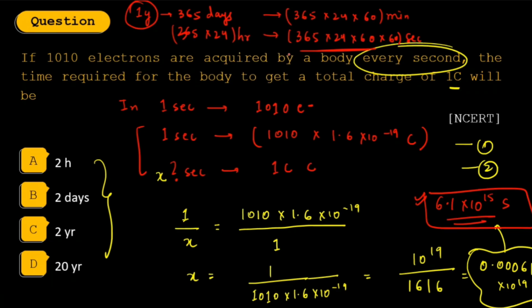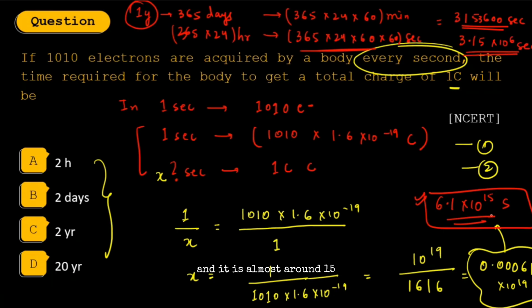Let us solve this. So 365 times 24 times 60 times 60 is going to be around 31,53,600 seconds. So not a small number again. So if you try to solve it, we have 6.1 times 10 to the power 15, and 3.15 times 10 to the power 7 seconds.